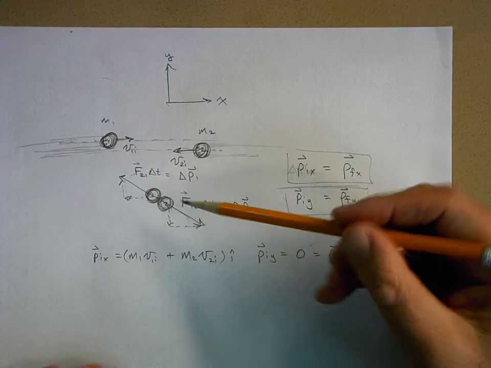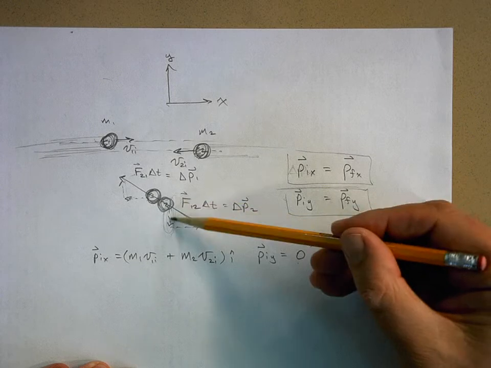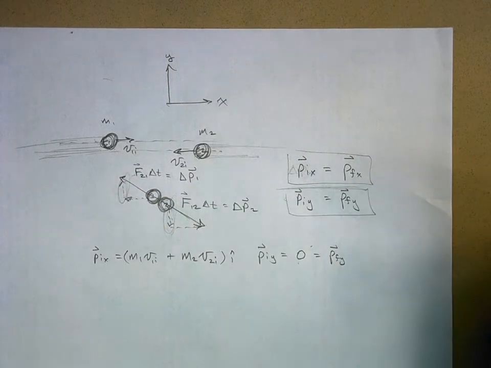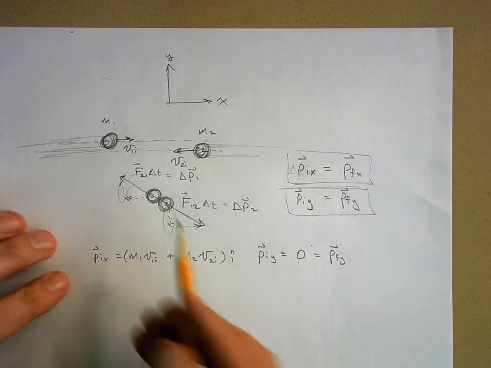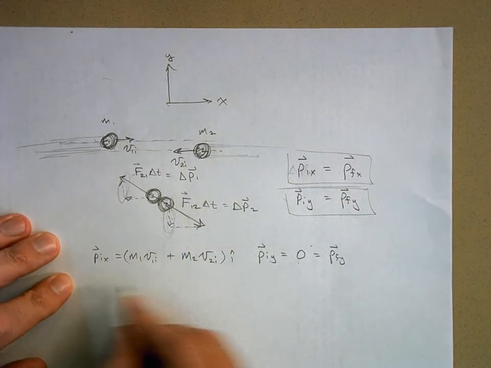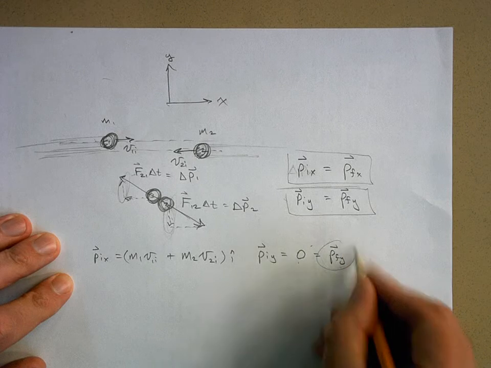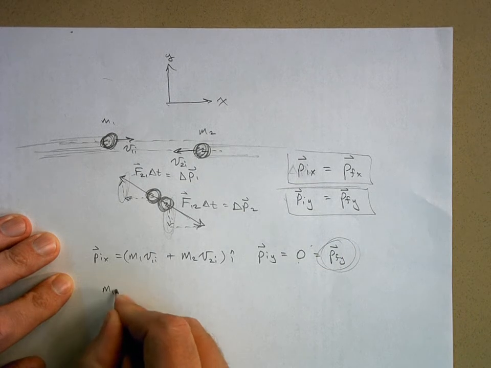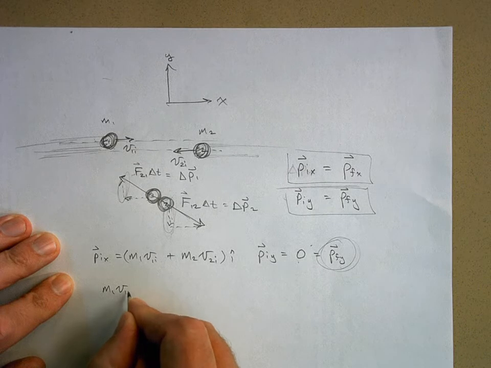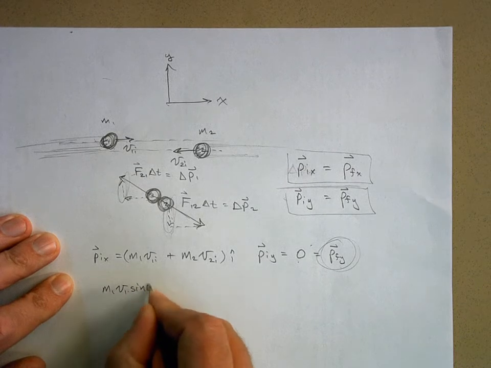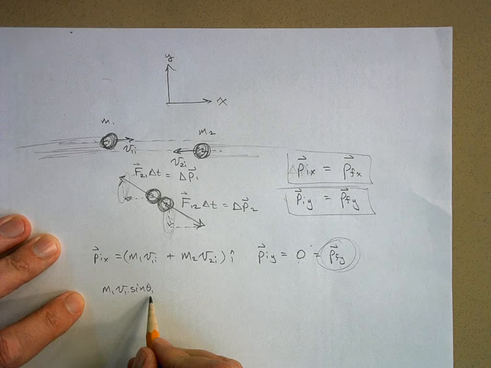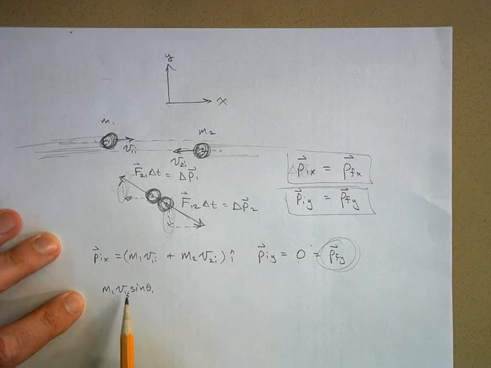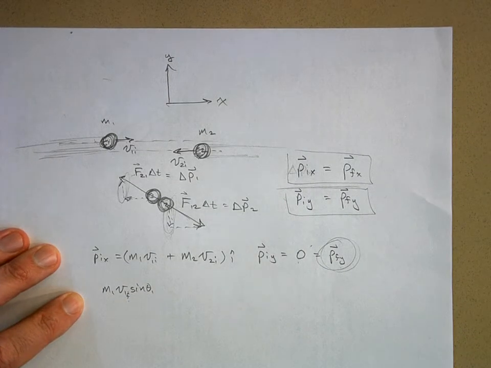You can take this component and set it equal to this component and do it. So you would say, looking at the final momentum, M1 V1, and then you could go sine theta 1 final. That's the V1 final. There's a lot of annoying subscripts when you're doing collision problems.